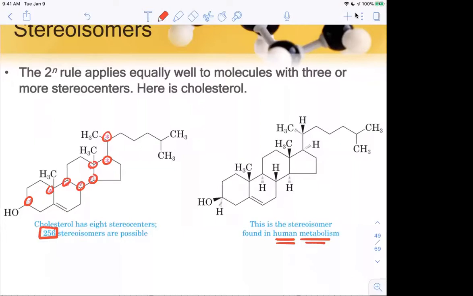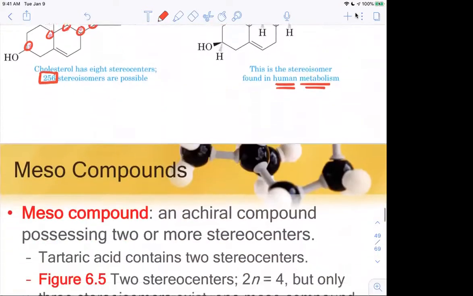Nature is extremely stereospecific. Even though I could have a potential of 256 stereoisomers, only one is used in the biology of the human, right? And that's what we're going to see in proteins and in any other chiral system that we see in biology.